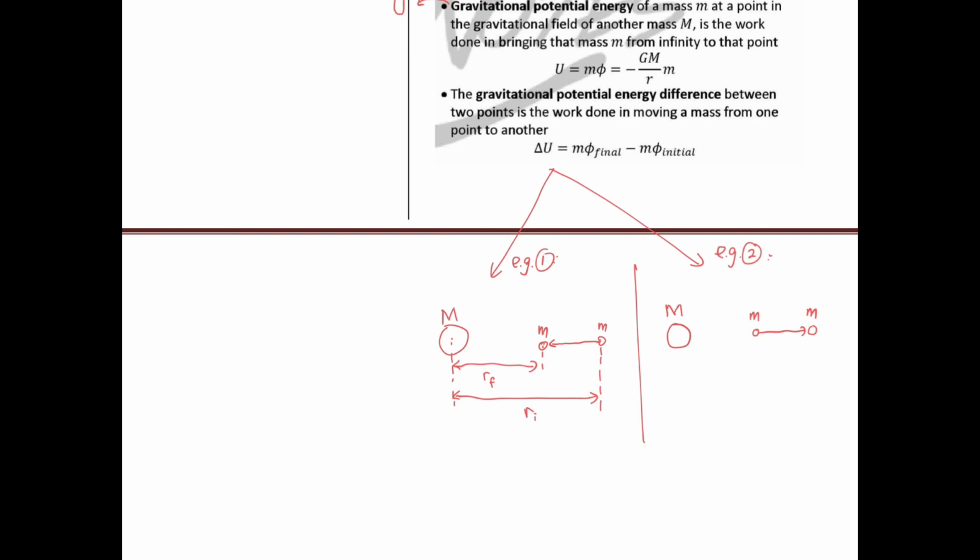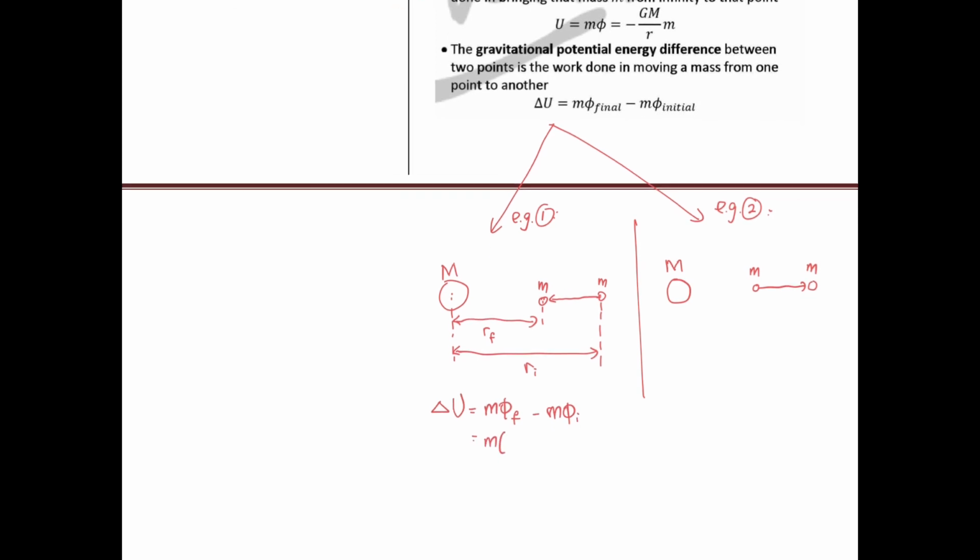Okay, so you can see a situation like this. Delta U equal to M phi final minus M phi initial. Then phi is minus GM over R, right?